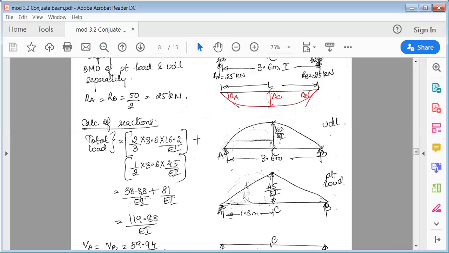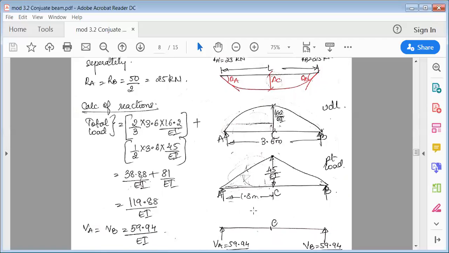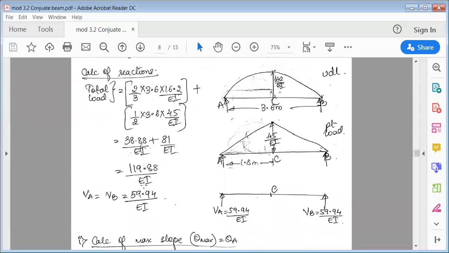Because it is symmetrical, we directly write this as VA and VB, which gets equally distributed. So 119.88 over EI, divided by 2, because this total load gets split to the left side and to the right side. Total load acting downward should be balanced by total load acting upward. So VA and VB would be the same.